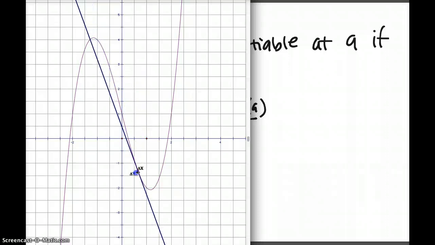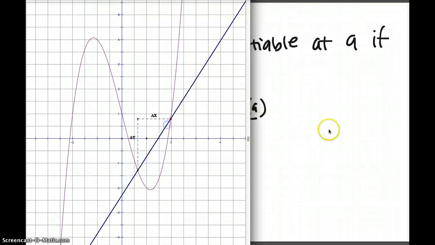In this case, whether I come in from the right or from the left, the slope is the same at that one point. So this function would be considered differentiable.